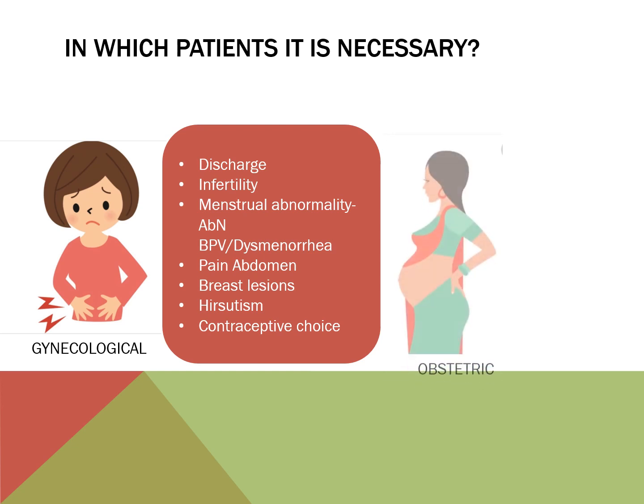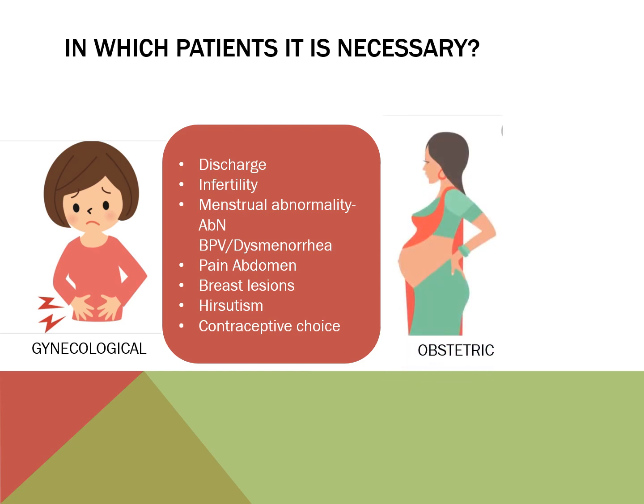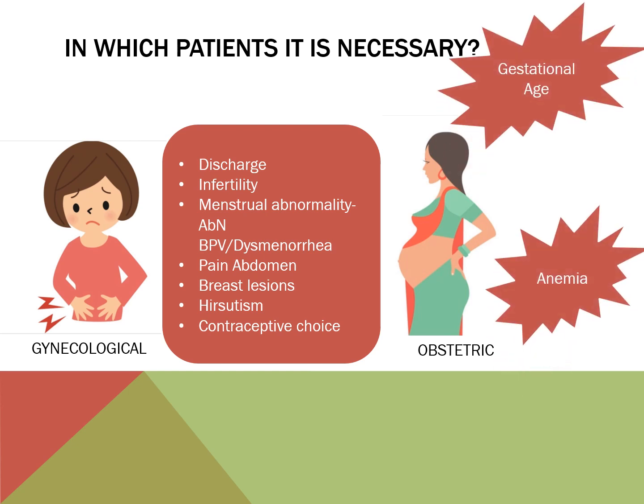The other set is the obstetric patients. It is also important in obstetric patients because from the last menstrual period, which we get to know through her menstrual history, we can calculate the gestational age. If the cycles are regular, the LMP will almost correspond to the actual conception, and the gestational age calculated by the LMP would be reliable.